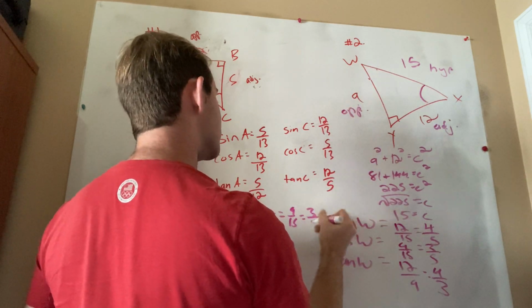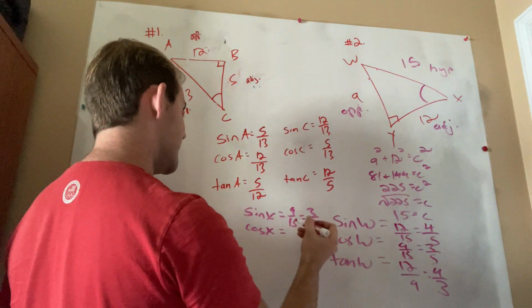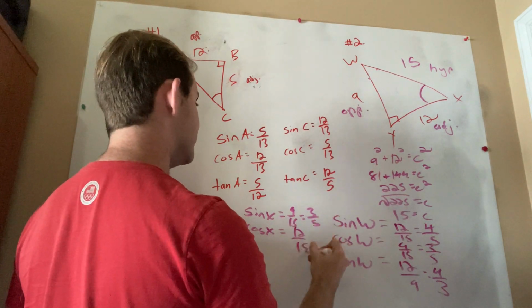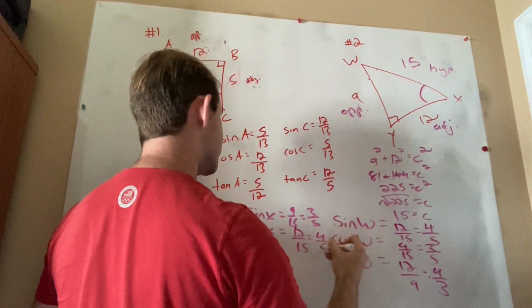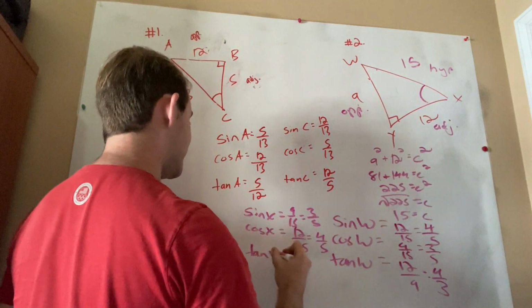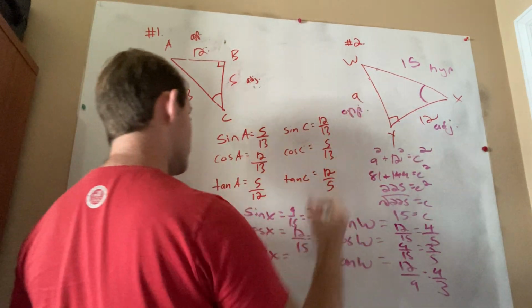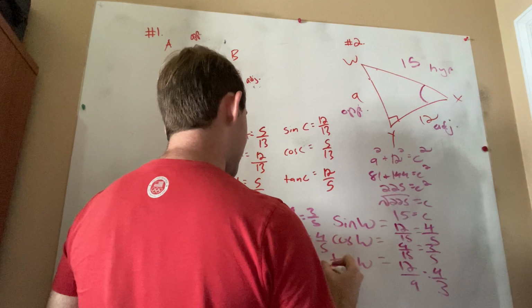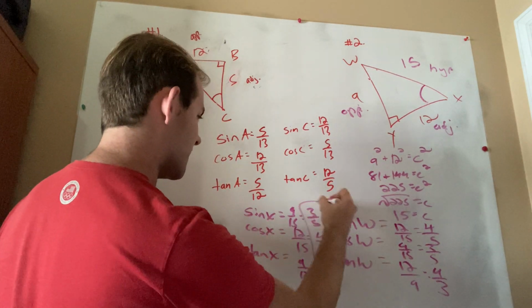But of course, that reduces down to 3 over 5. The cosine of x is going to be 12 over 15, adjacent over hypotenuse, but that reduces down to 4 over 5. And the tangent of x, that's opposite over adjacent, which is 9 over 12. And that, of course, reduces down to 3 over 4.